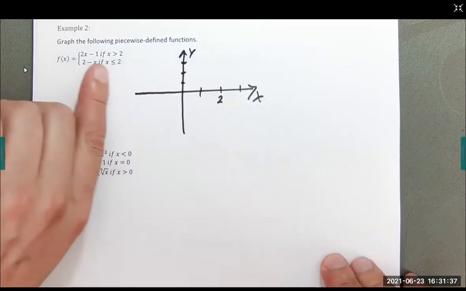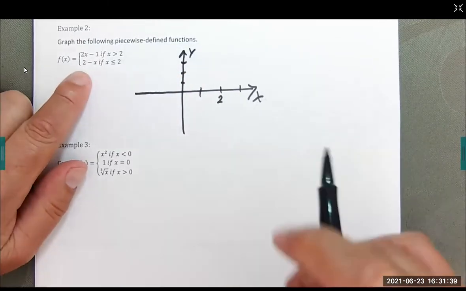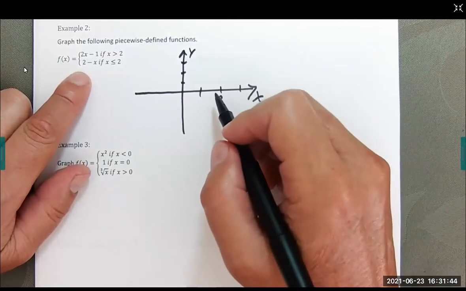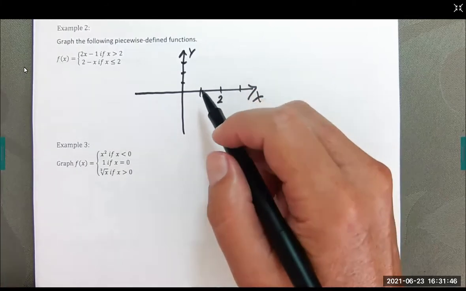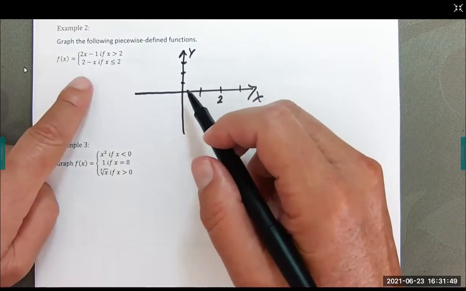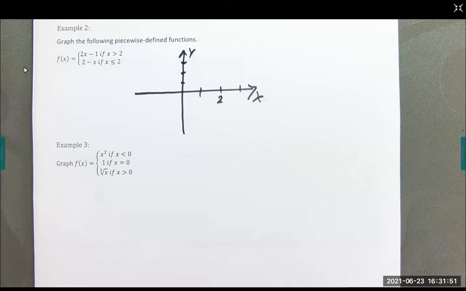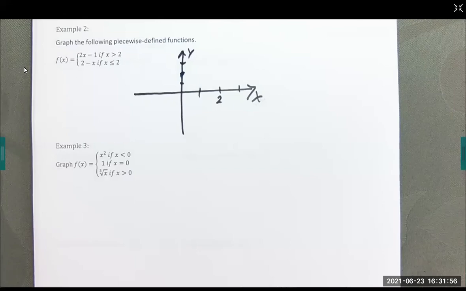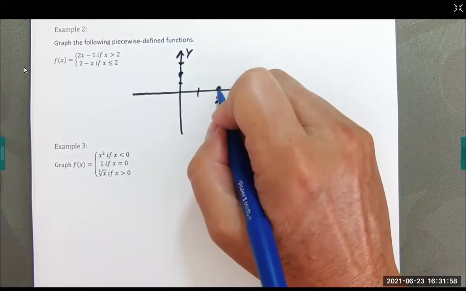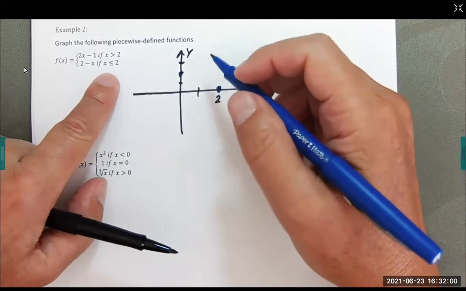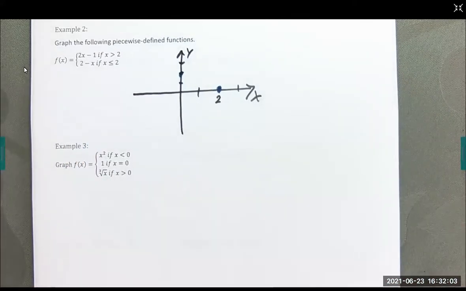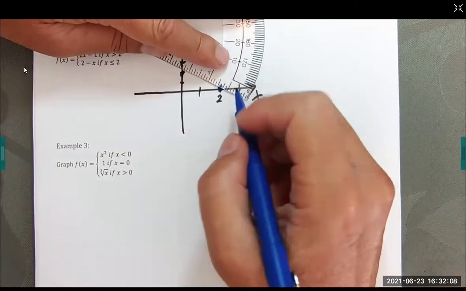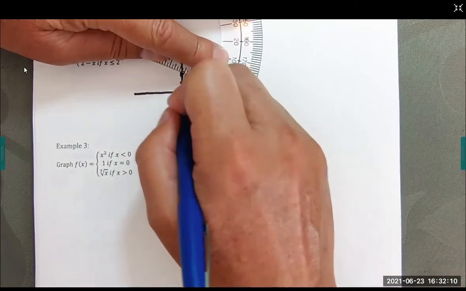That means we're on this side over here. We're going to graph this line. Now this line, when x equals 0, we're going to be up here at 2. And when we are at 2, we're going to be down here at 0. And it's a solid dot because we're including 2. So we end up with a straight line that ends here.